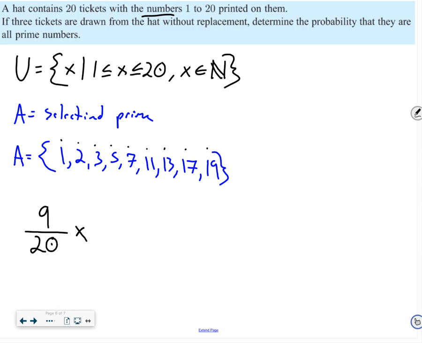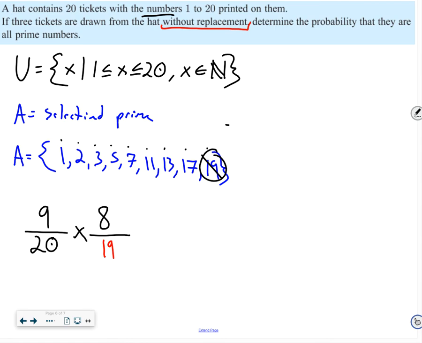Well, for the second draw, you're not replacing it. Without replacement means we're tearing it up, throwing it away. So now we are only dealing with 19 tickets. We're assuming we got one of the primes, so it doesn't matter which one. Maybe it was this one. But that's just going to leave us with 8 prime numbers left to pick from.